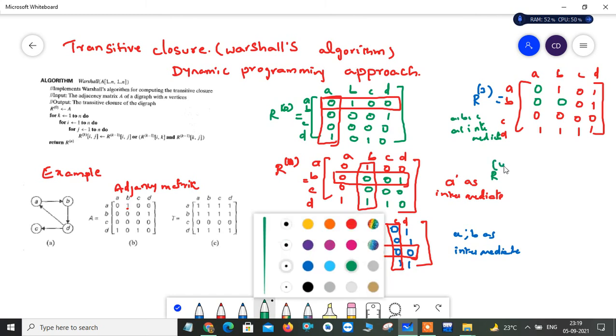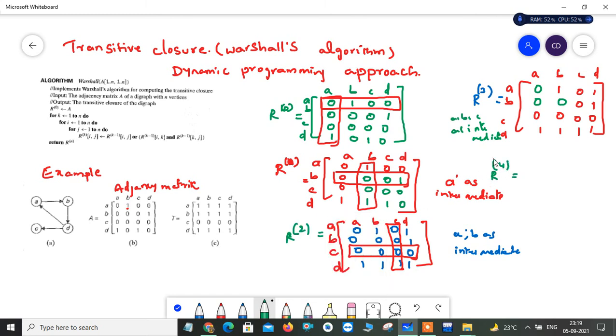So rank of 4. Here I need to make A, B, C, D as an intermediate.